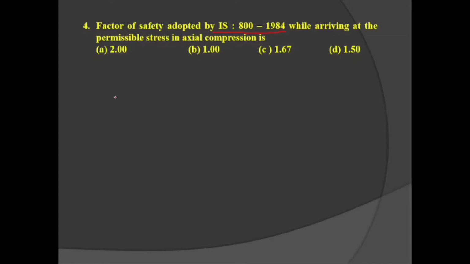Our next question is, factor of safety adopted by IS 800:1984 while arriving at the permissible stresses in axial compression. As we know, sigma AC is equal to 0.6 Fy, and our factor of safety is defined as the yield stress Fy divided by the permissible stress, that is 0.6 Fy in this case. After solving, I found the value as 1.67. Please be careful.